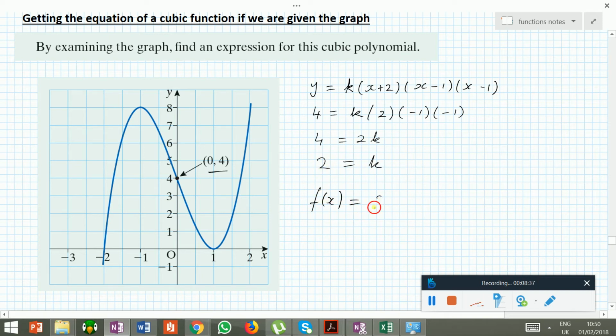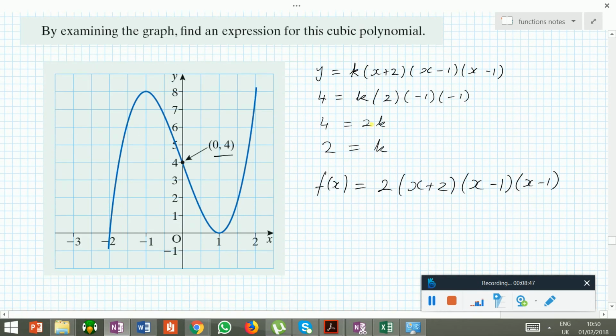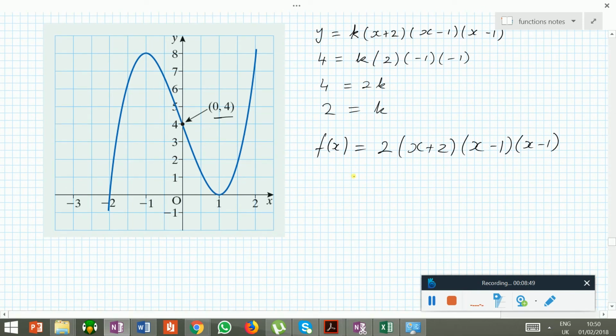So our function is, the k is 2, 2 times x plus 2 times x minus 1 times x minus 1. And again, we should actually multiply that out. So I'm going to multiply in the 2, 2x plus 4 times, if I multiply this out, I get x squared minus twice their product plus the second squared.